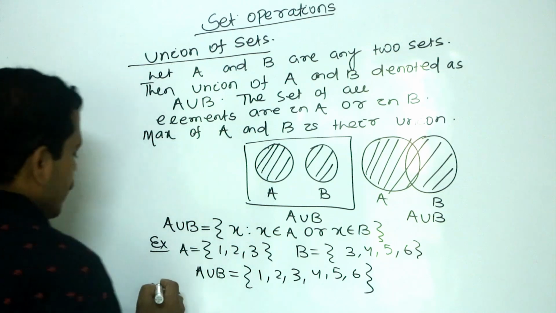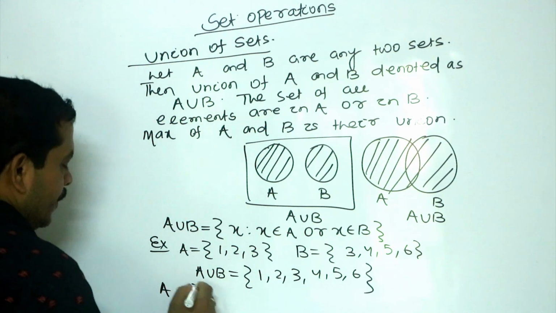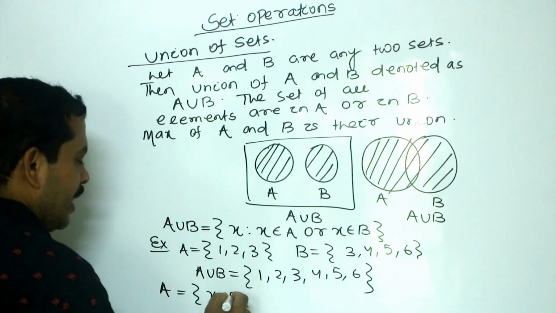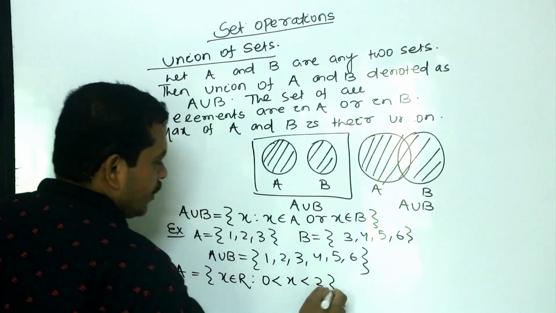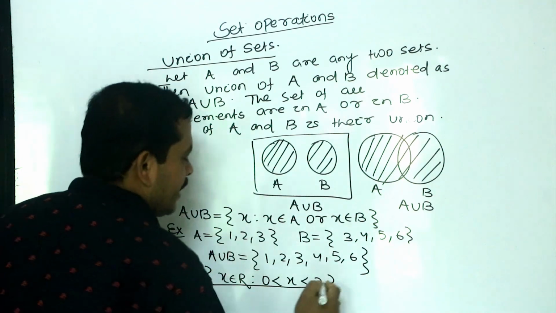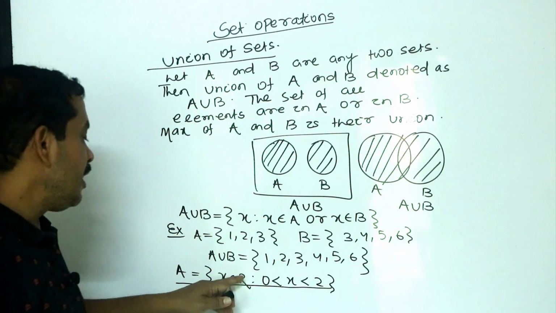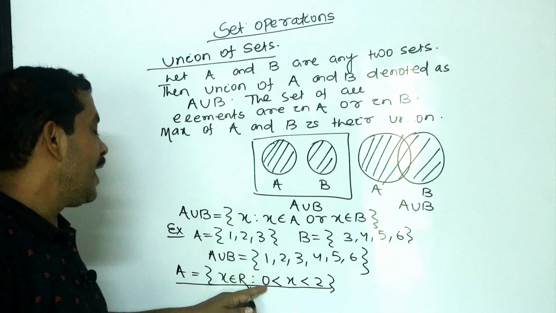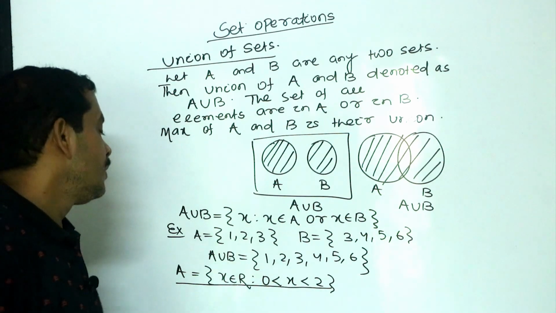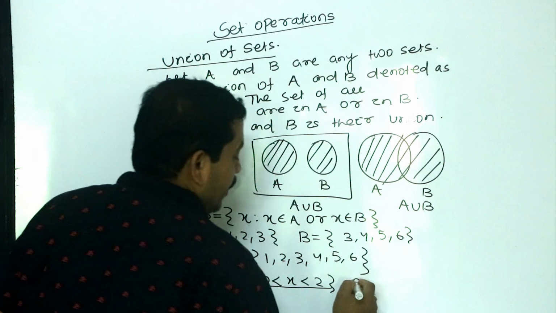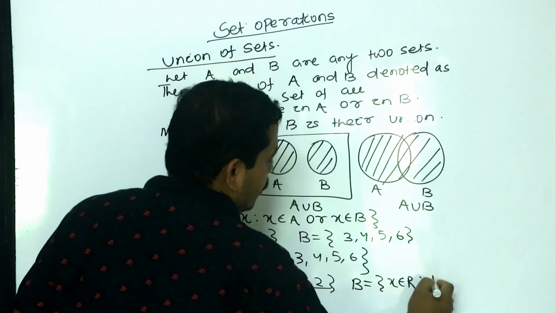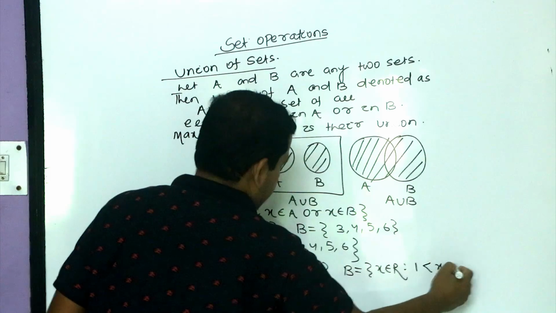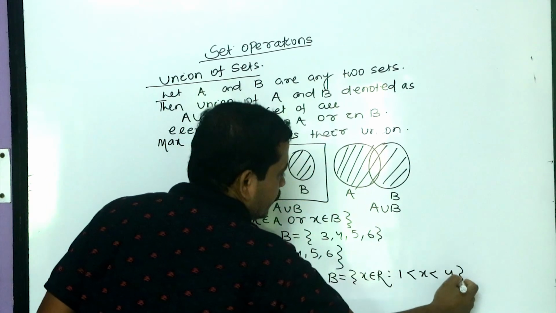Suppose set A is x belongs to R such that 0 less than x less than 2. This is an infinite set because there are infinite real numbers between 0 and 2. And set B contains x belongs to R such that 1 less than x less than 4.